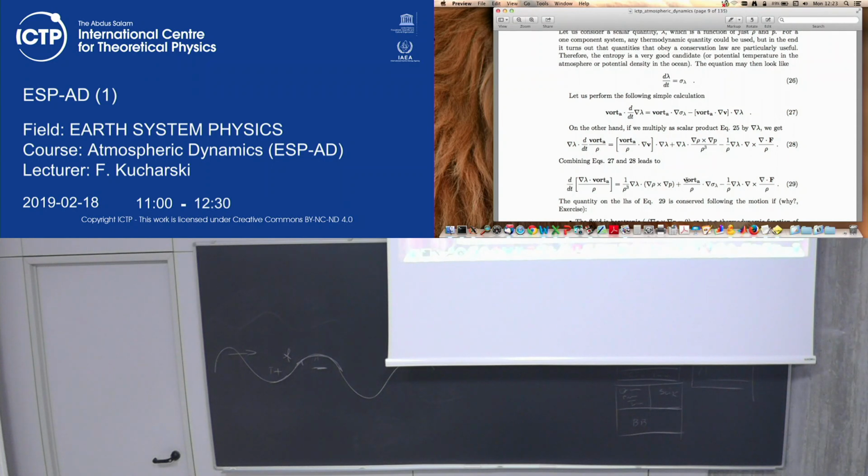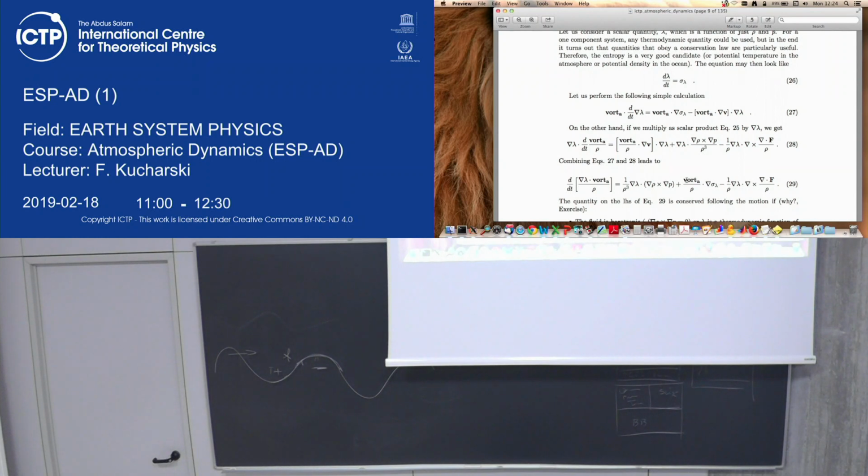And the only remaining terms, this term goes out. The only remaining terms are this term here and this frictional term here. So that's the final balance equation for this strange quantity here. Now, we want to identify cases where this is a conservation law following the motion for this quantity here.